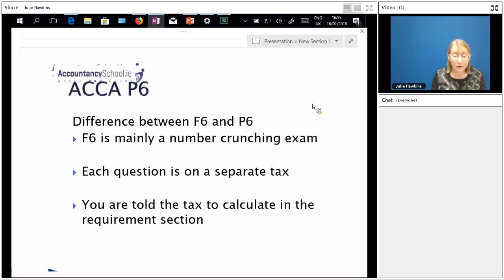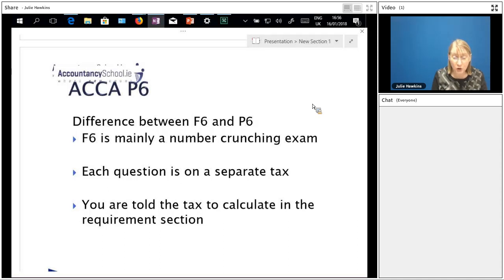You'll have your income tax calculation, your VAT calculation, your capital gains tax calculation, your add backs and maybe your CT computation. So each question that you face at F6 will be on a completely separate tax. You will also be told the actual tax to calculate in the requirements section of the question.